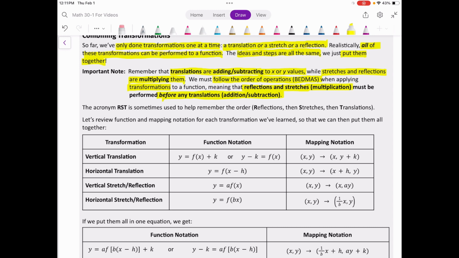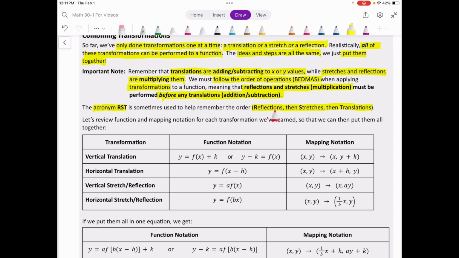Sometimes you can use this if you like. They sometimes say RST to help us remember, just because it's alphabetical, right? Sometimes we use that to help us remember the order: reflections, then stretches, then translations. But truth be told, both reflections and stretches are multiplications, right? So the order of these two doesn't actually matter.